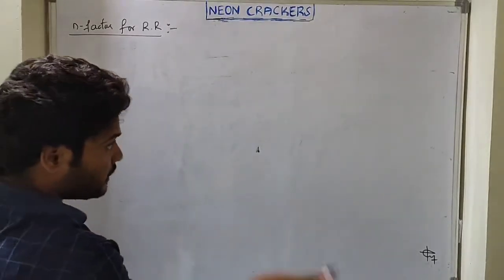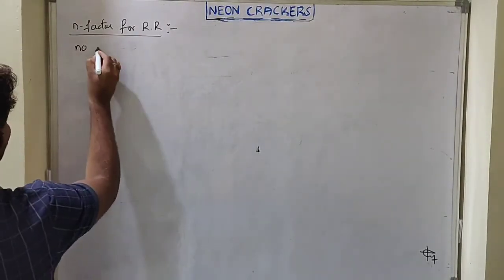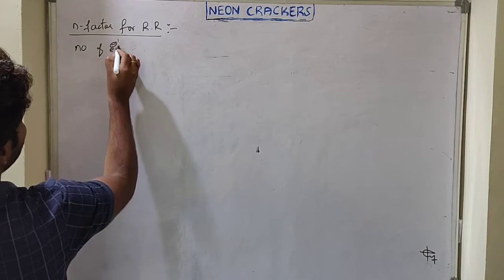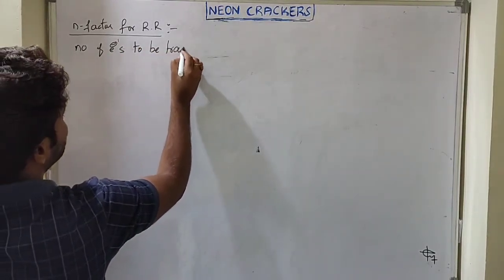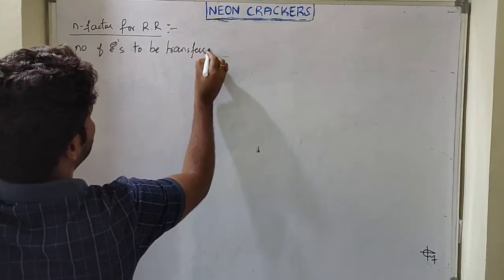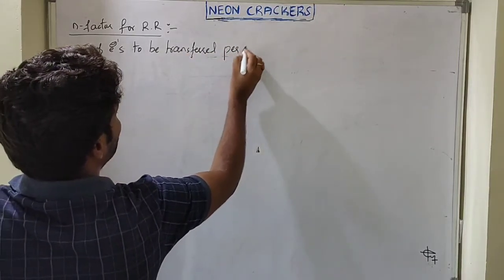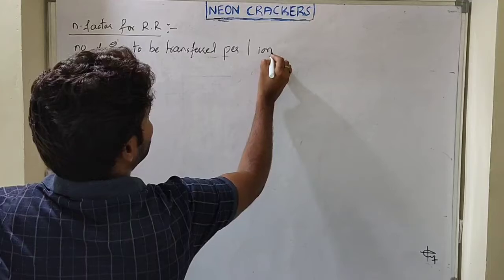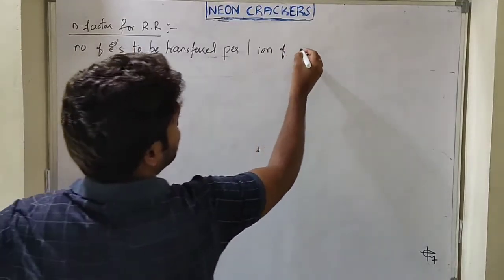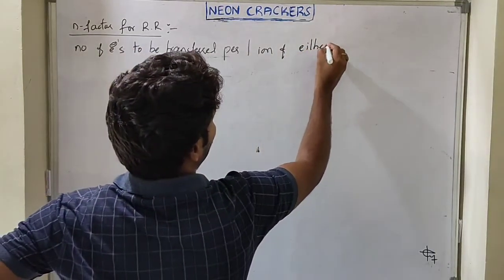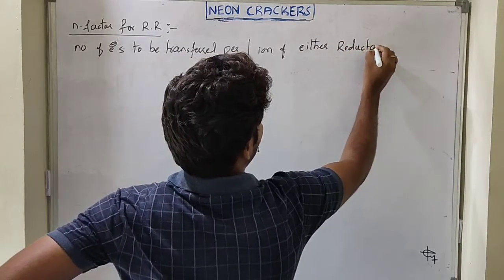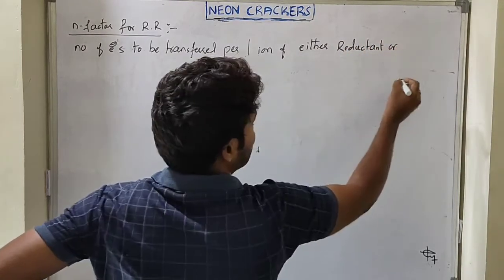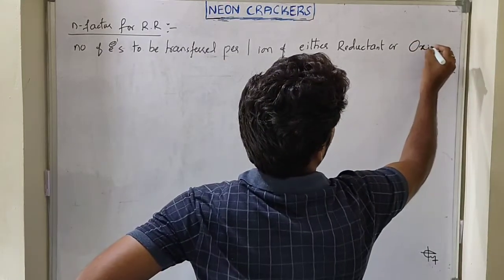So what is the N factor here? The number of electrons to be transferred per 1 ion of either the reductant or the oxidant.